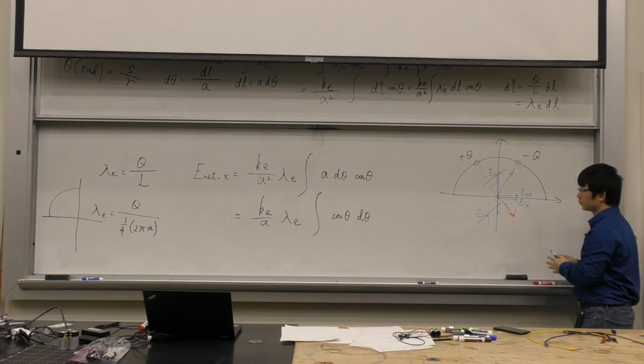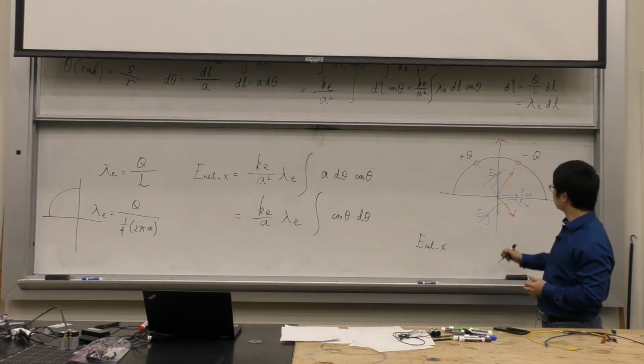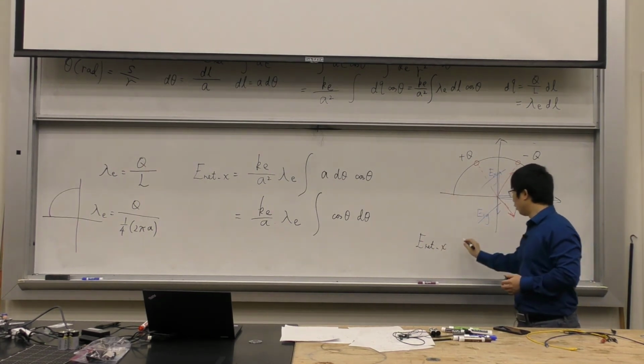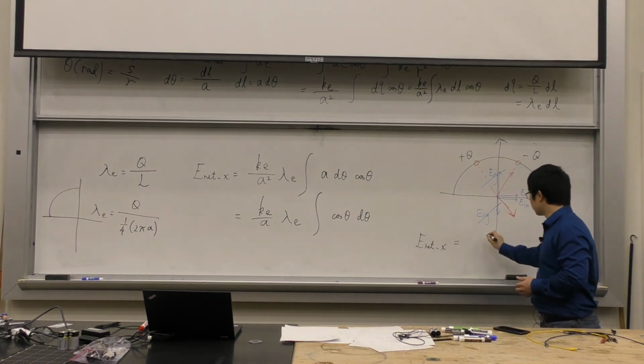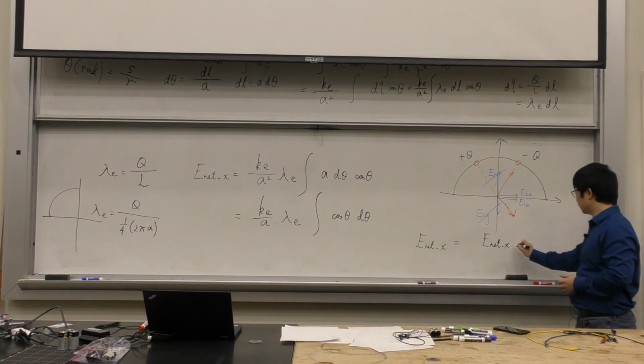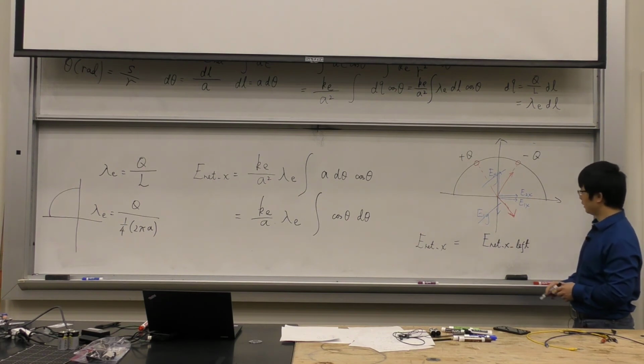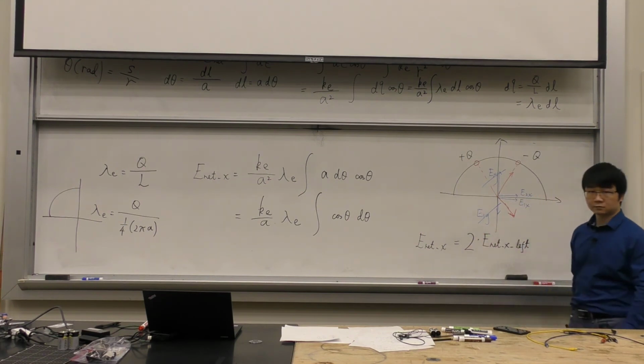That means if I want to find the net electric field in x direction of this whole semicircle, all I need to do is just find the net electric field x component of the left half, and then double it, right?